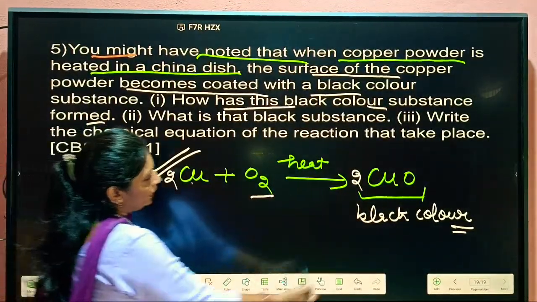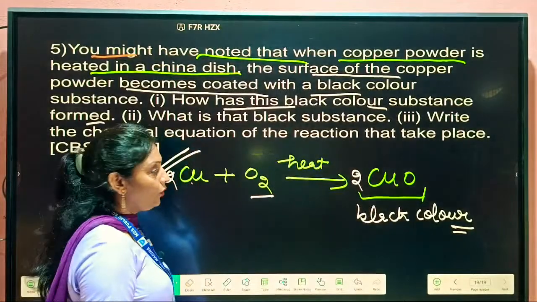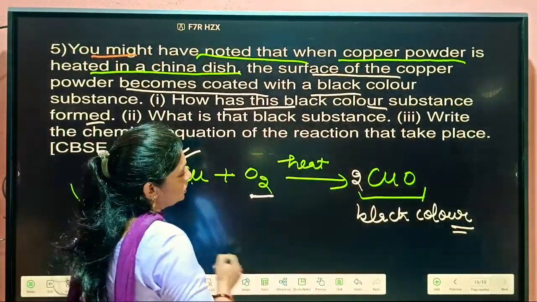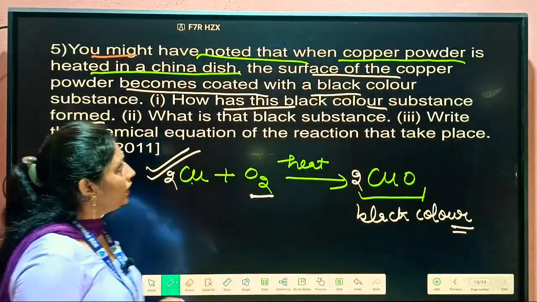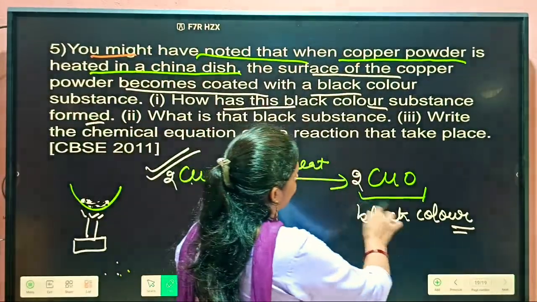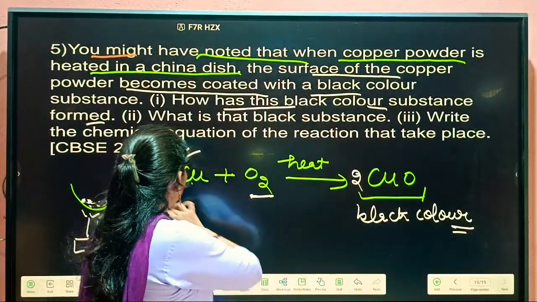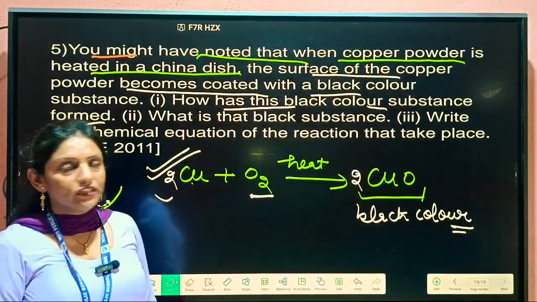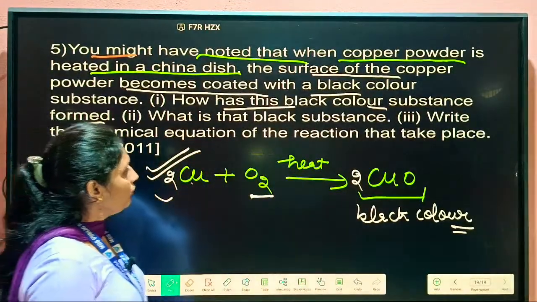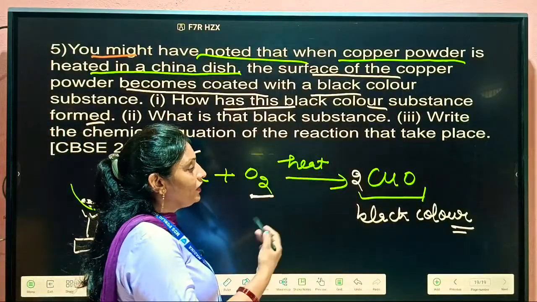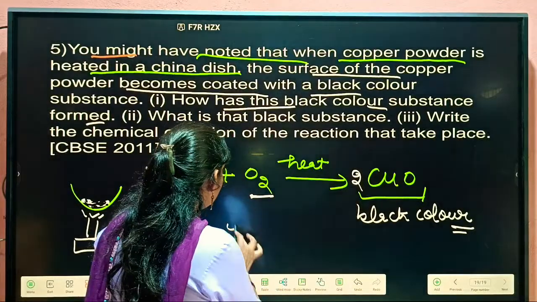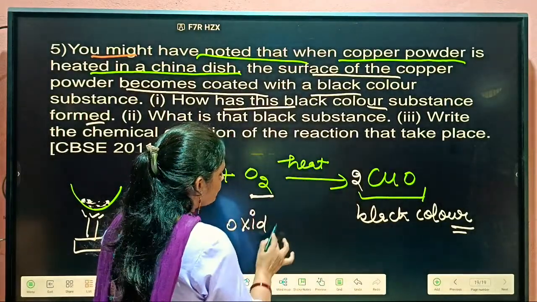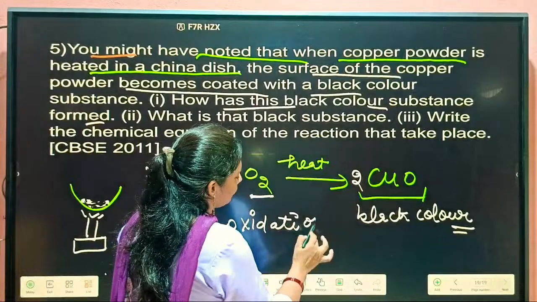Then 2 copper here, in the product side also 2 copper. In the reactant side 2 oxygen, in the product side also 2 oxygen. So the black color substance is copper oxide. This will be the balanced chemical equation for that one. And how does it take place? It takes place due to the oxidation of copper.